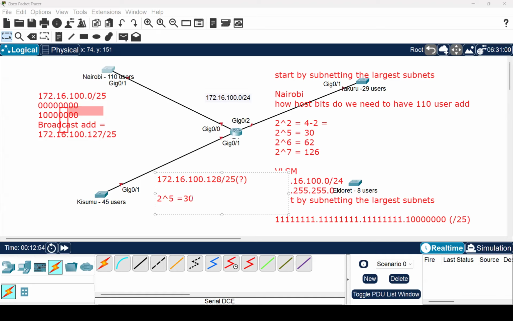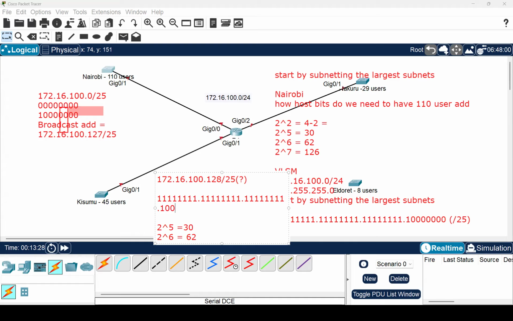So what is 2 raised to power 6? This will give us 62, and 62 is enough for Kisumu users. If it is 62, that means we have 6 host bits. So if we write that out, 1 to 8, 1 to 8, 1 to 8. Remember for /26, we had reached there.